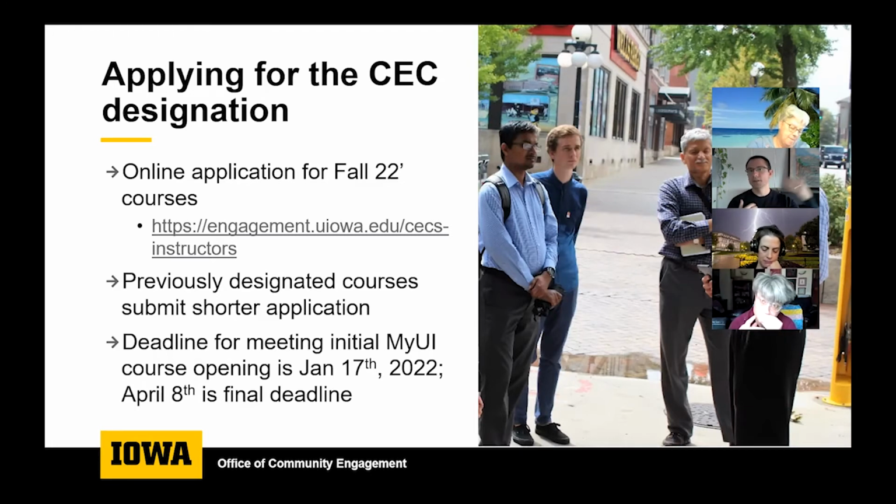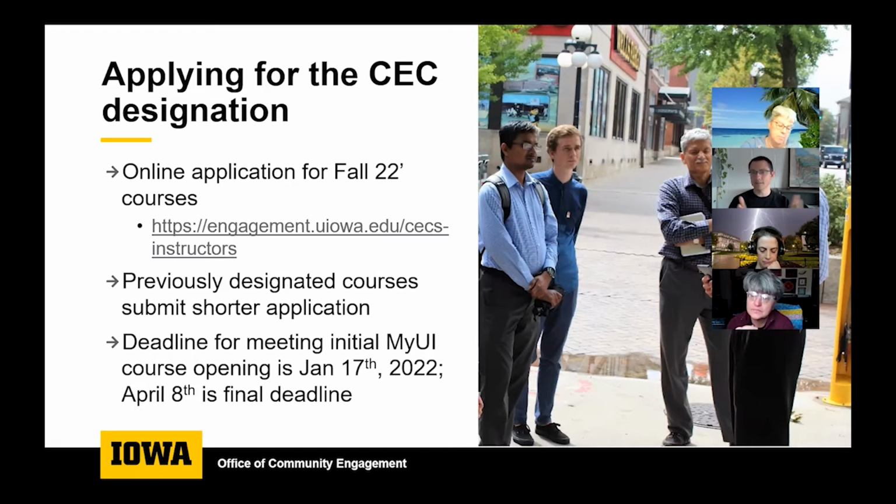Now, if that seems awfully early and you're still in the process of determining whether you're even going to have a community engaged course or not, the final deadline for submitting an application is April 8th.